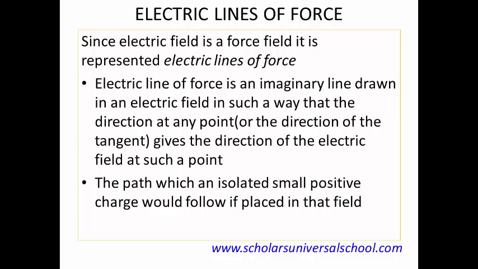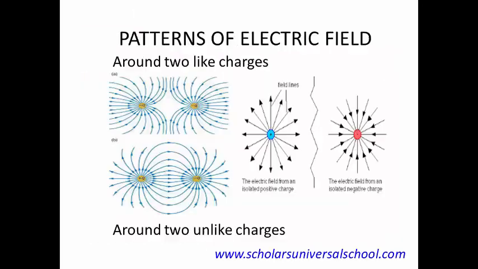We can equally define an electric line of force as the path which an isolated small positive charge follows. That small positive charge is also called a test charge. We always use a positive charge as a test charge in an electric field. So when I bring a small positive charge into an electric field, the direction in which it moves represents the direction of that field.